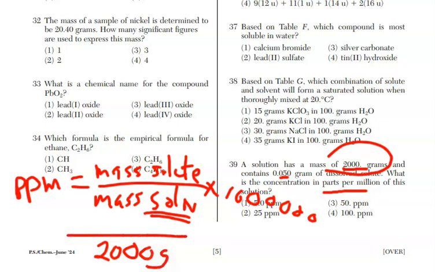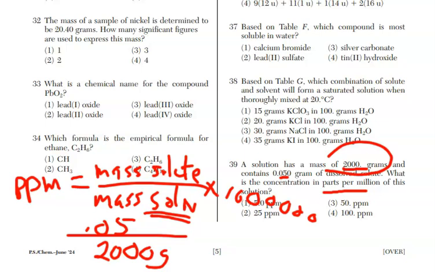The mass of the solute is 0.05 grams. If you were given the mass of the solute and the mass of the solvent instead of the mass of the solution, you would have had to add the solute and the solvent together. In this question, they gave you the mass of solution.